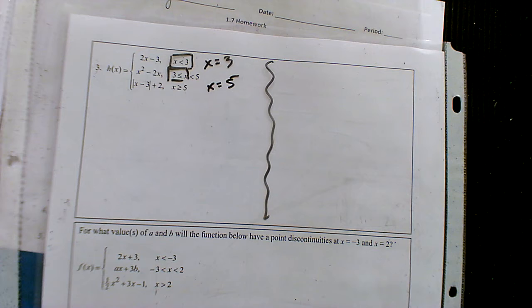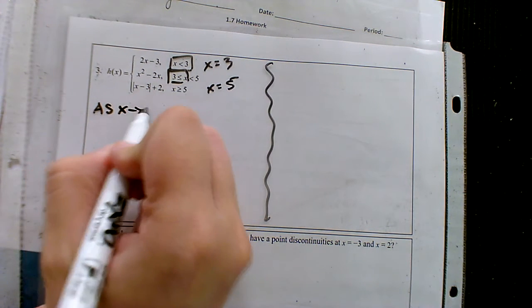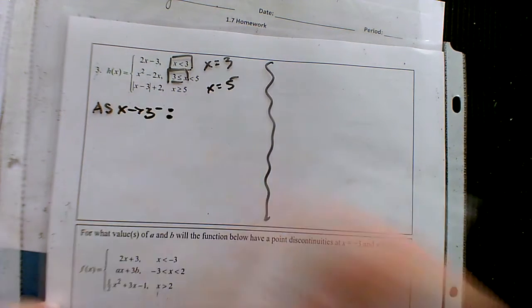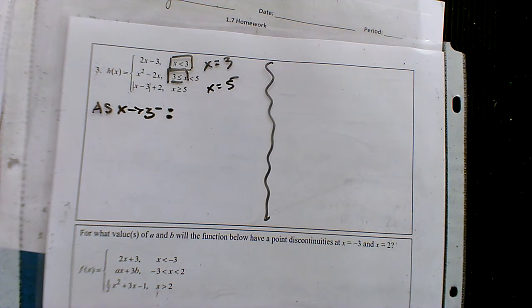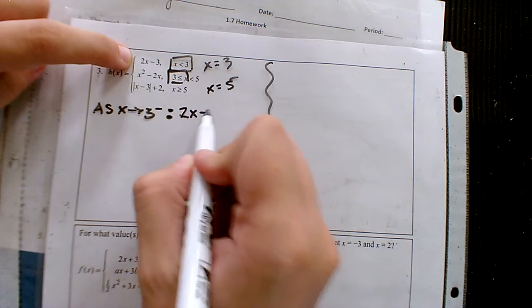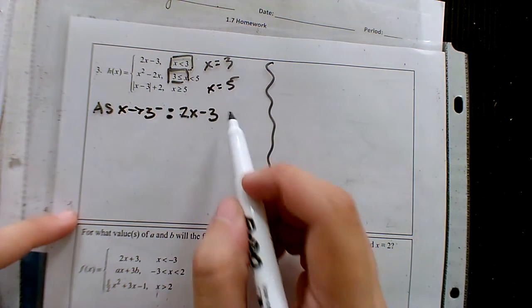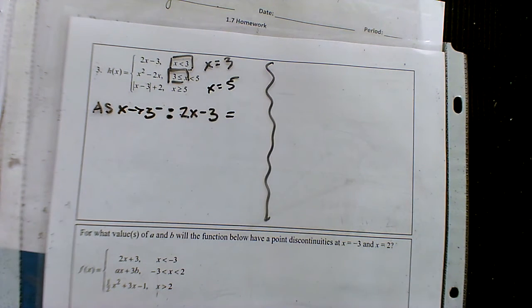Let's check out 3 first. As x approaches 3 from the left, we want to see what height the graph would have. The left-hand side of 3 would be that line. If we plug in 3, we get 3.